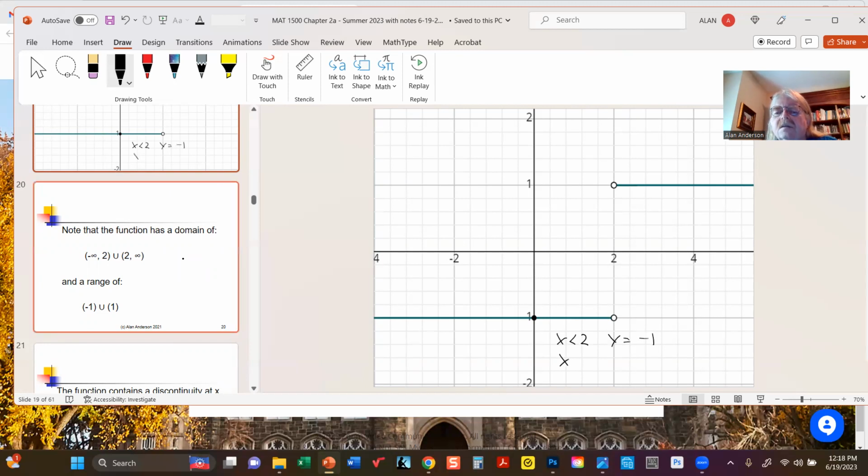When x is strictly greater than 2, y equals positive 1. So this is a piecewise function. Also, if you notice, it is discontinuous at x equals 2.